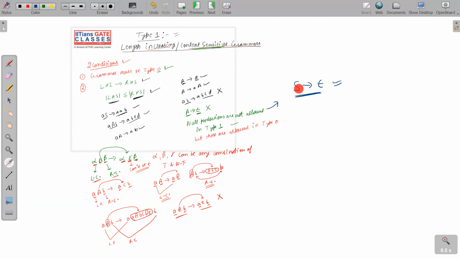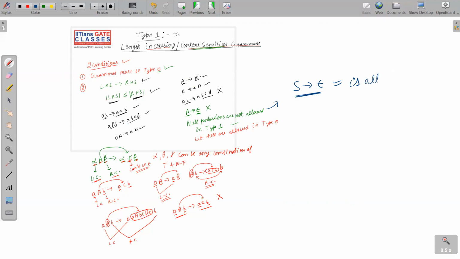So hence S implies null is allowed in type 1, but we have to make sure that S must not appear in RHS of any production rule. So S implies null is allowed. See, I am repeating again, null productions are not allowed in type 1, but there is only one exception, that is S implies null.